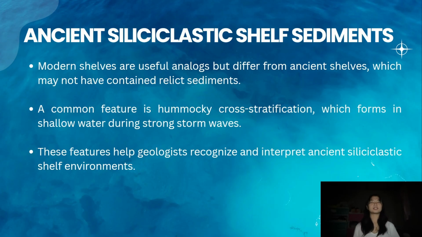One important example is hummocky cross stratification, which forms in shallow water when powerful storm waves stir the seafloor. These structures are very common in ancient shelf deposits. By identifying these features, geologists can reconstruct ancient siliciclastic shelf environments and understand how they developed in Earth's past.